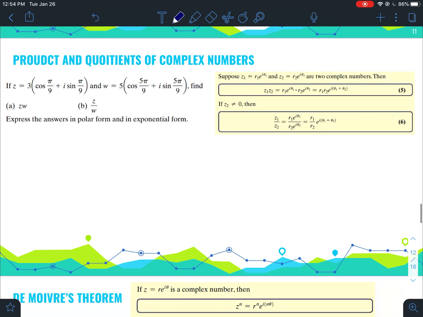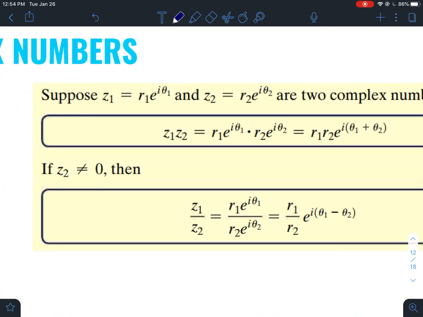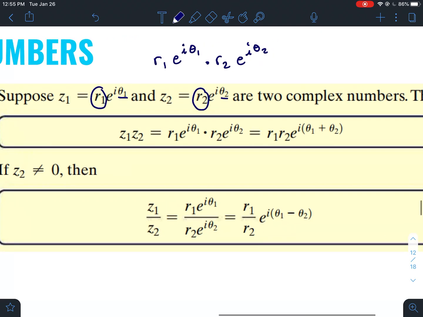All right, how do we find products and quotients of complex numbers? Well, the good news is you are just going to multiply the radii, and then you are going to add the angles. Because if we think about it in exponential form, we have radius 1, radius 2, and then we have theta 1 and theta 2. And remember, if you take r1 e to the i theta 1 times r2 e to the i theta 2, you can multiply the r1 and the r2 because those are coefficients.